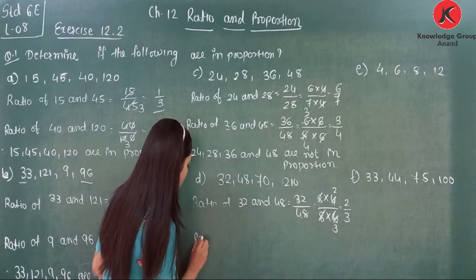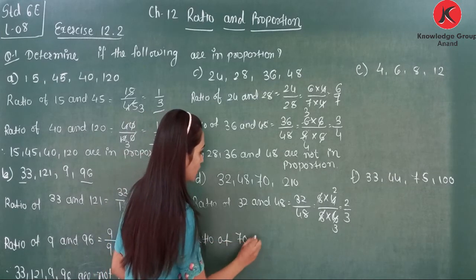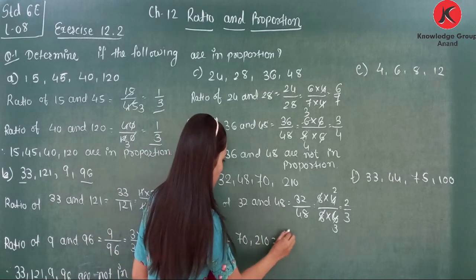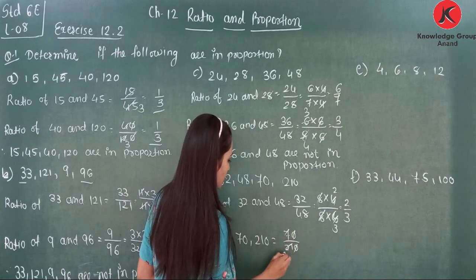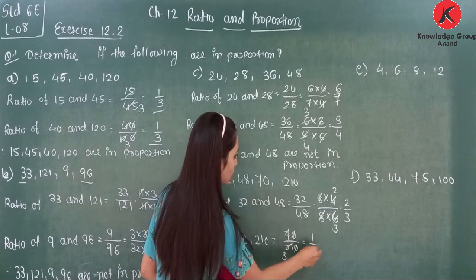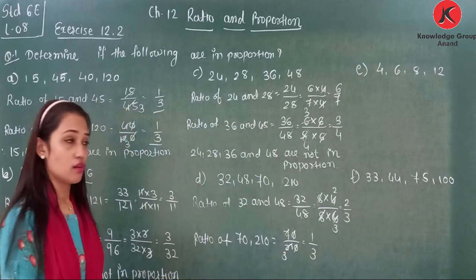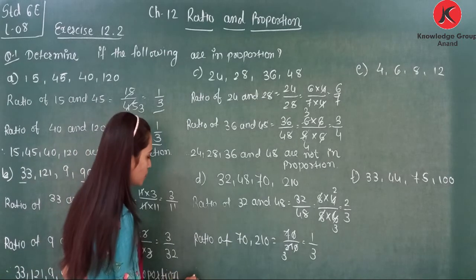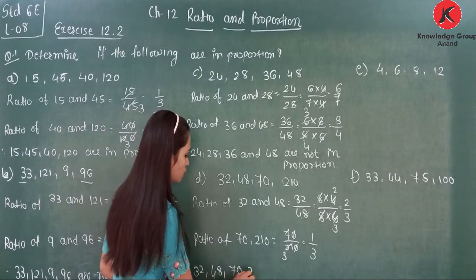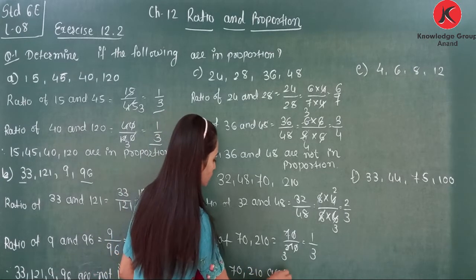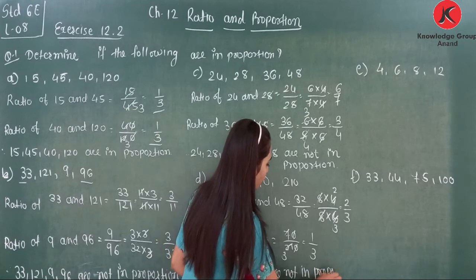Now the ratio of 70 and 210. 70 divided by 210. 7 threes are 21, so it is 1 by 3. Now this is 2 by 3 and 70 and 210 gives 1 by 3. So the ratios are not in proportion. So 32, 48, 70 and 210 are not in proportion.